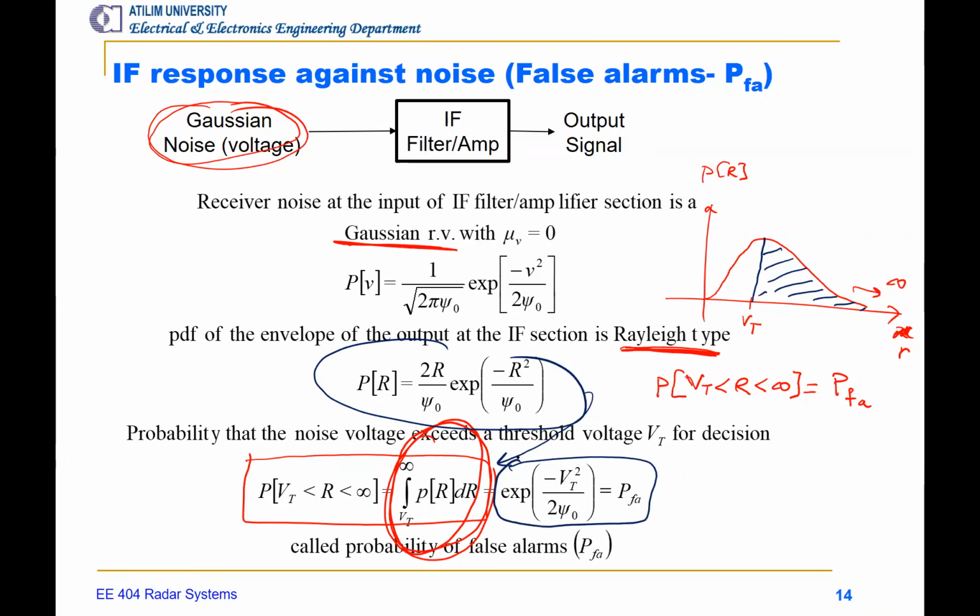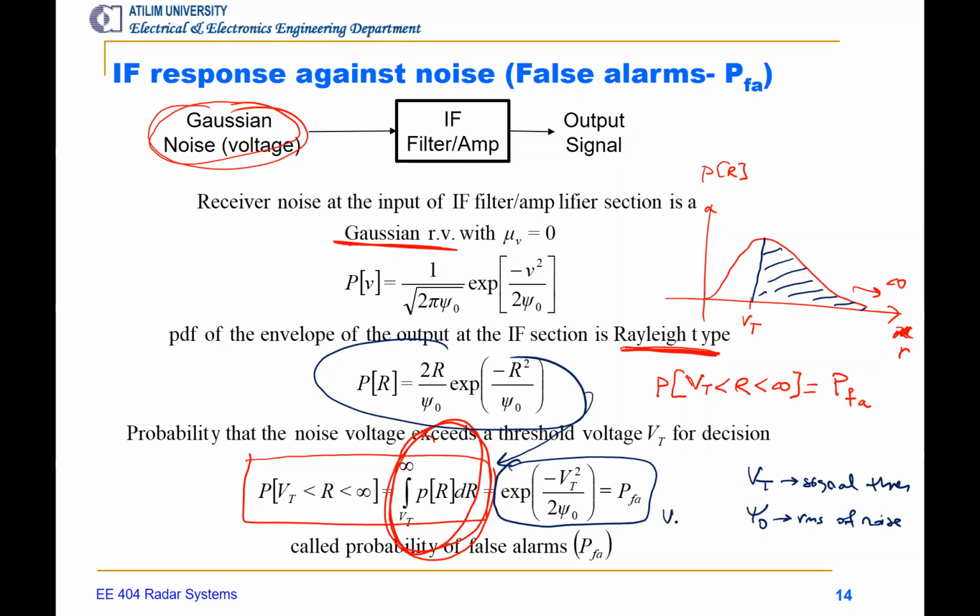So here is the probability of false alarm. It's dependent on what? The threshold voltage and psi 0, which is the RMS value of noise. Signal threshold and RMS value of noise.